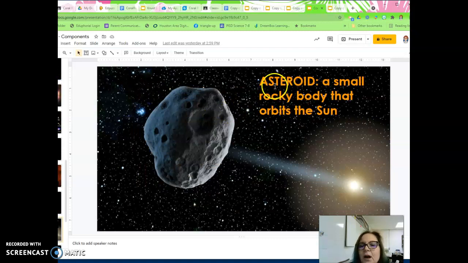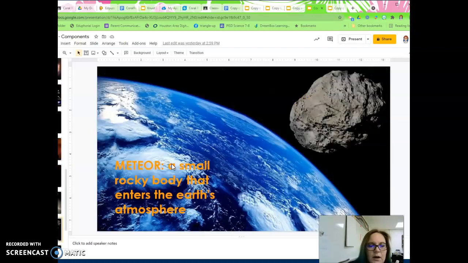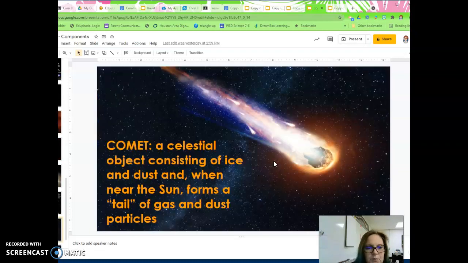Asteroids are the small rocky bodies that orbit the sun. There's an asteroid belt between Jupiter and Mars. Meteors are small rocky bodies that enter the Earth's atmosphere. They tend to burn up in the Earth's atmosphere and never cause problems, but sometimes they can get all the way to the Earth, and then they're called a meteoroid.